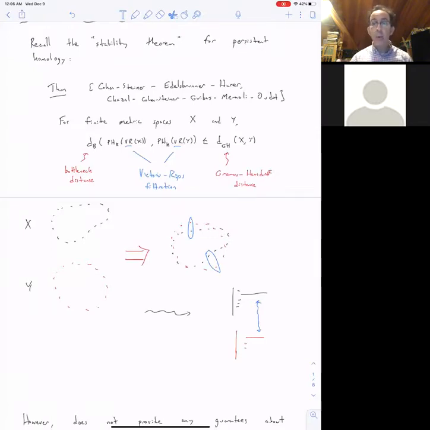What it says is that if you have 2 point clouds, 2 finite metric spaces X and Y, then the Gromov-Hausdorff distance between X and Y as metric spaces provides an upper bound on the bottleneck or matching distance between the persistent homology barcodes you get from the Vietoris-Rips filtration on the data. So for a standard way of associating filtered simplicial complexes to the data, there's a bound on the distance between the barcodes in terms of purely metric comparisons.